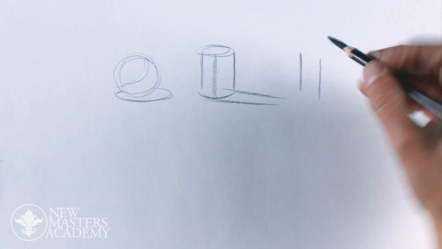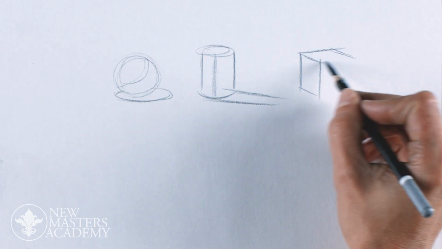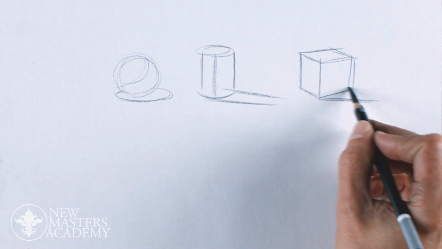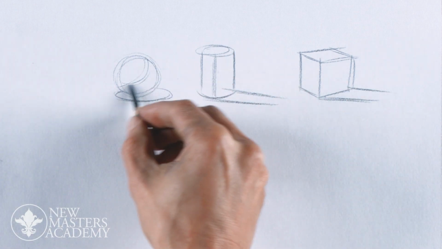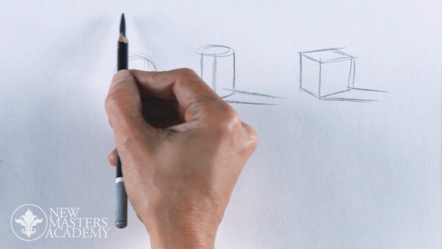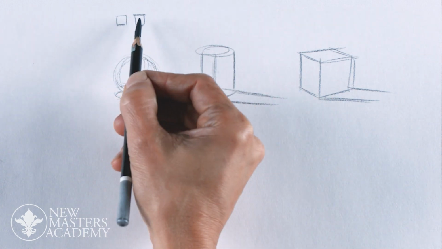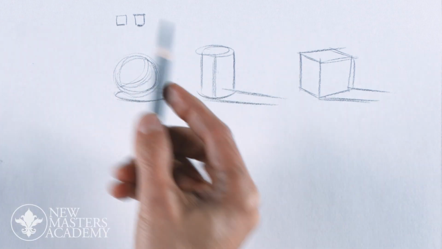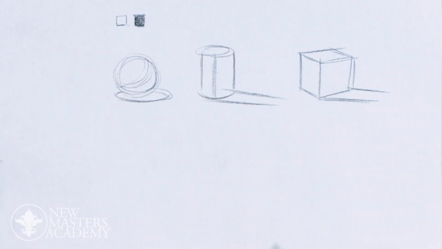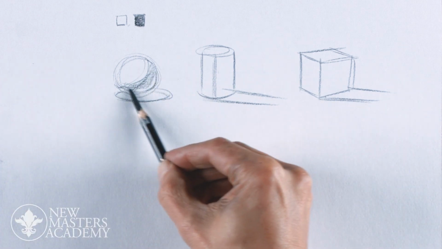I'm going to start really simple, only using two groups, two parts, basically light and shadow. I'm going to leave the white of the paper as the light side, and we're going to use a tone as the shadow side.